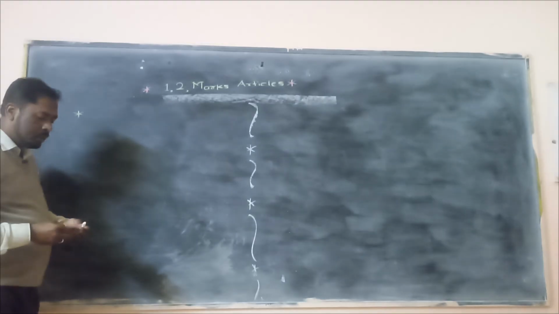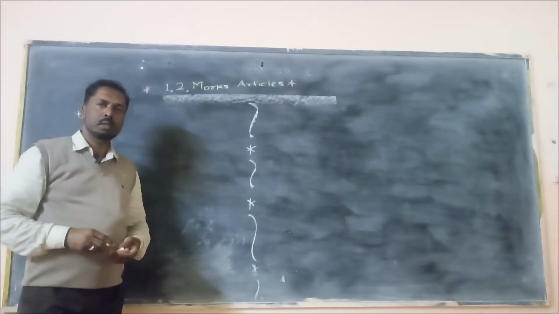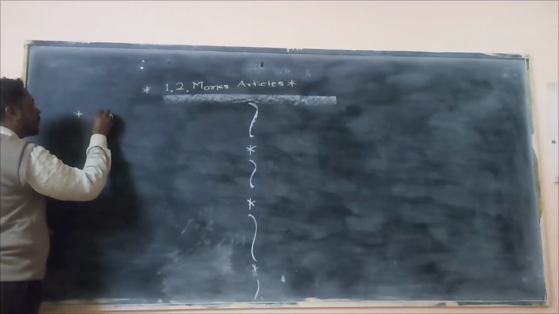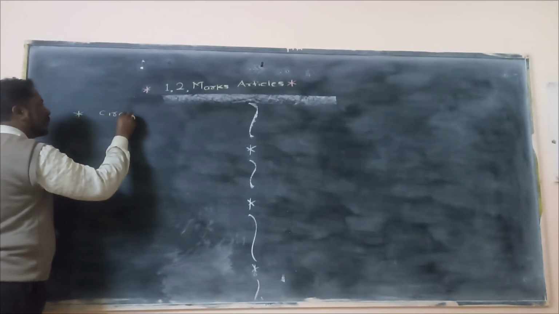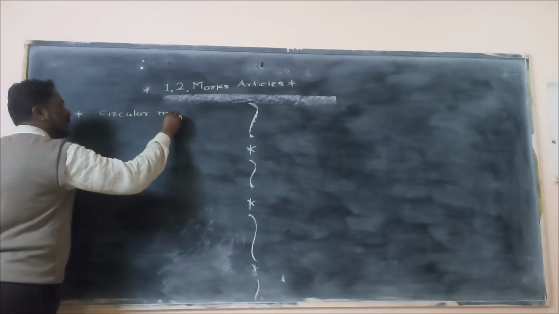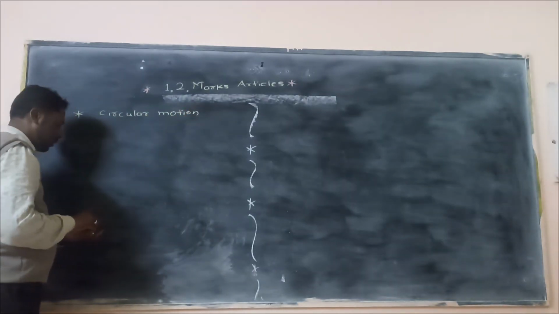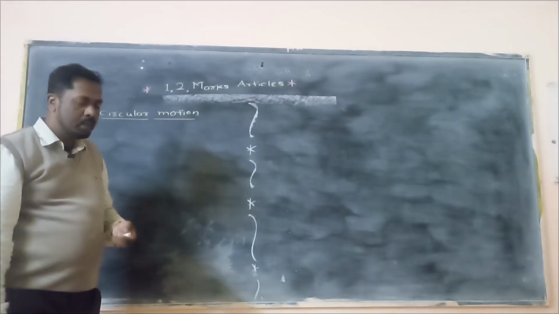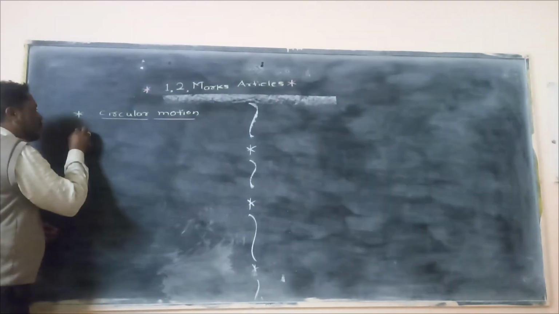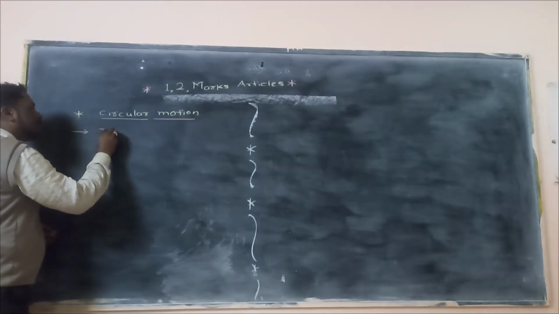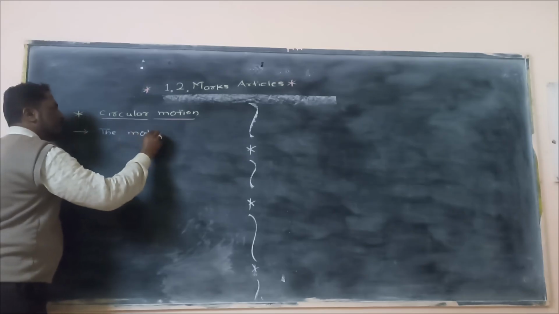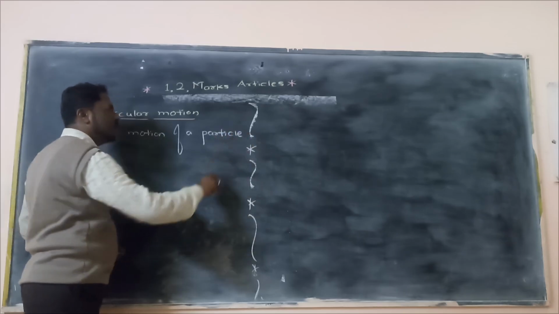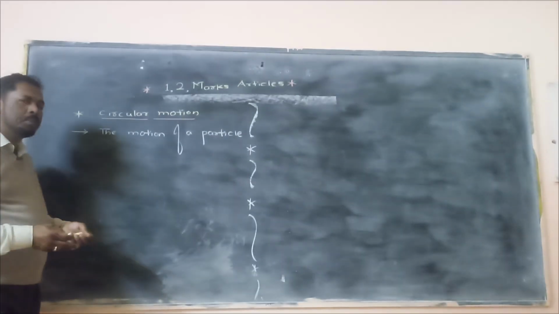The very first article from the first chapter, Rotational Dynamics, is named circular motion. Circular motion is defined as the motion of a particle.